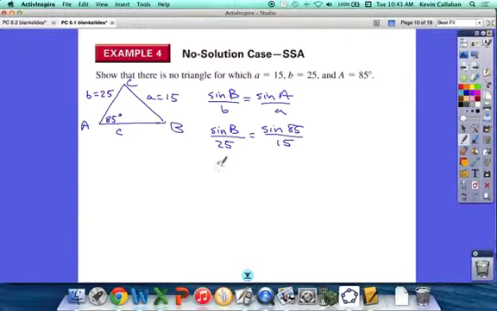Solve for sine B. Sine B equals 25 times the sine of 85 divided by 15. So let's figure that out. 25 sine 85 divided by 15 is 1.66.